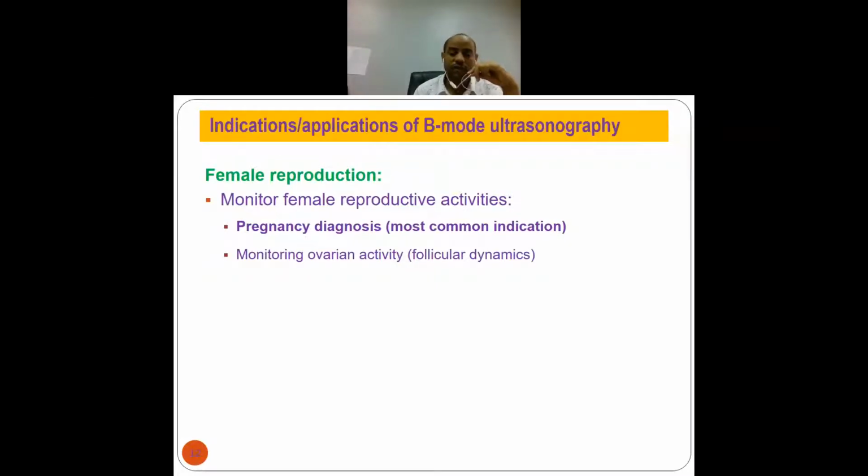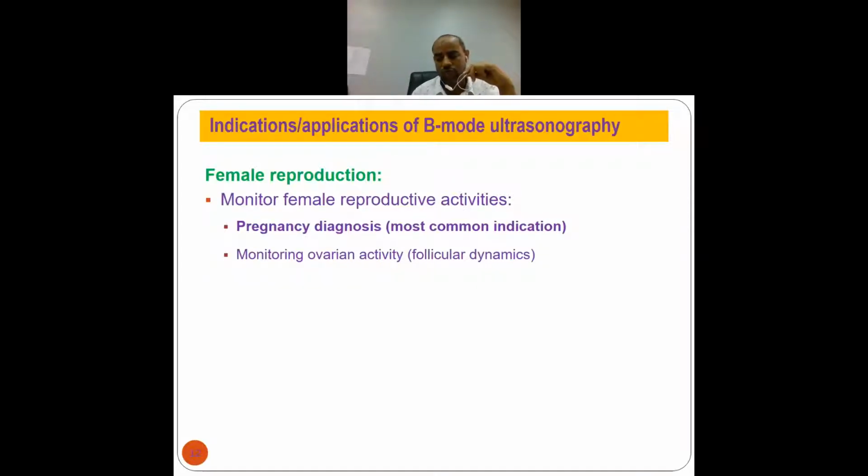But yes, our focus for this session is the reproductive system. Along this line, we have different indications or applications. One of the main areas of application is the female reproductive system. It enables us to monitor female reproductive activities, and the most common indication in this area is pregnancy diagnosis.